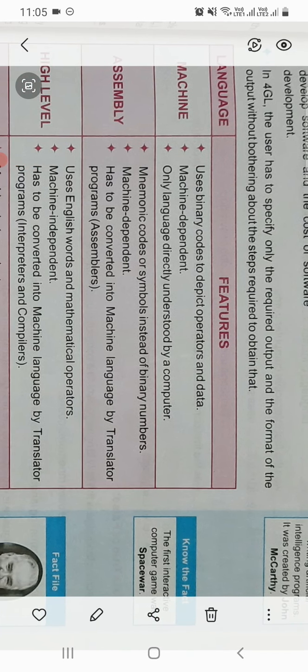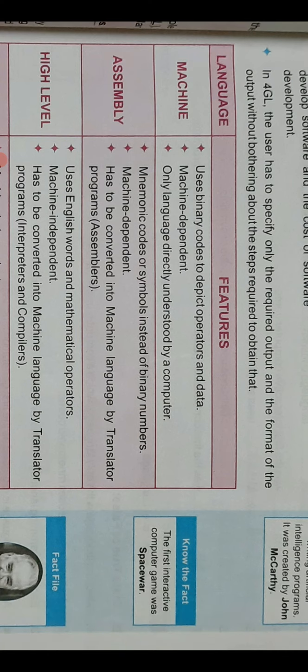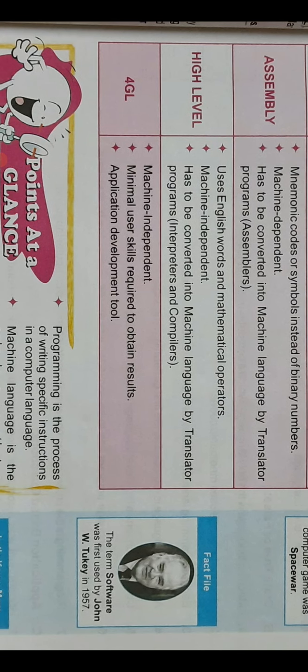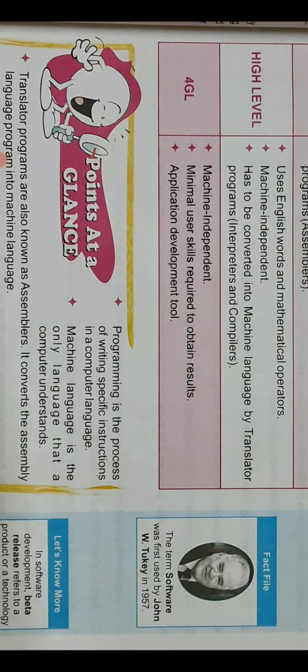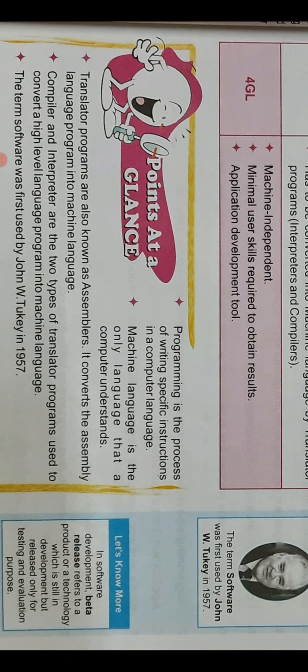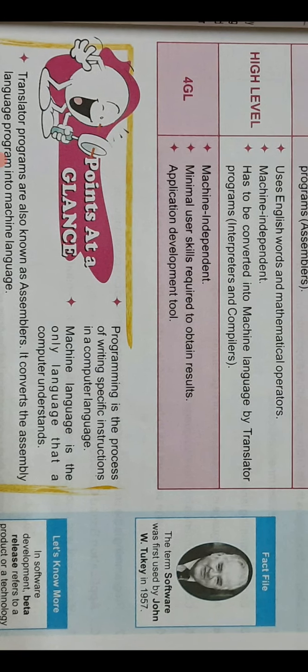Okay, next one. Known the fact. The first interactive computer game was Spacewar. What was the first interactive computer game? That was Spacewar. Next, fact file. The term software was first used by John W. Tukey in 1957. So this is a picture of John W. Tukey.